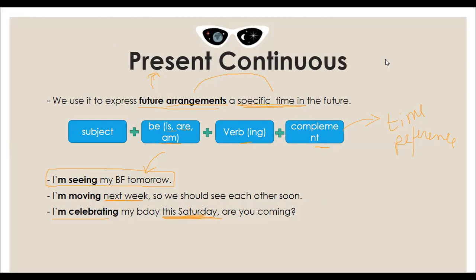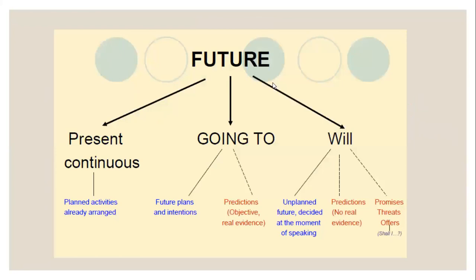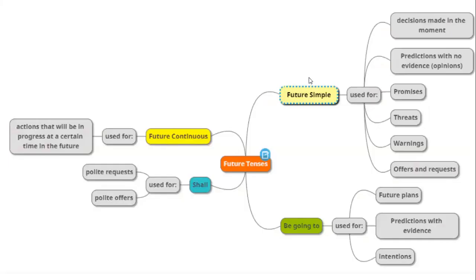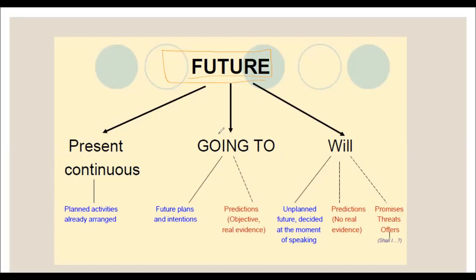Okay, so we have four. Actually, present simple is not here, but we should include it here to talk about the future. But what we have here is a summary of the things we mentioned. So when we're talking about the future, we have to have in mind that we can use future going to, that is the number one, and we use it for future plans and intentions. Predictions with real evidence, okay? Then we checked on the future will, and future will can be used for predictions with no real evidence. That means your opinions.